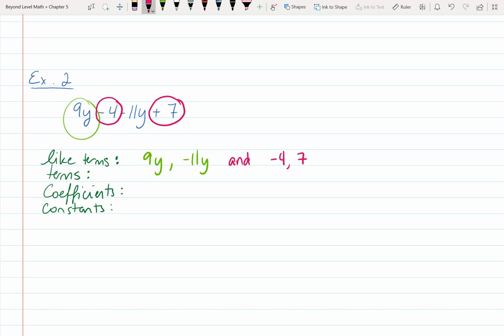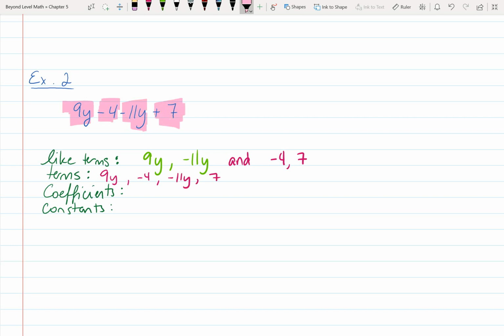And then the terms, actually, we've already listed them out because there are 4 terms. All of them happen to have a like term. So it's just going to be 9y, negative 4, negative 11y, and positive 7. Maybe I shouldn't use the same color pink because then it's going to blend together.